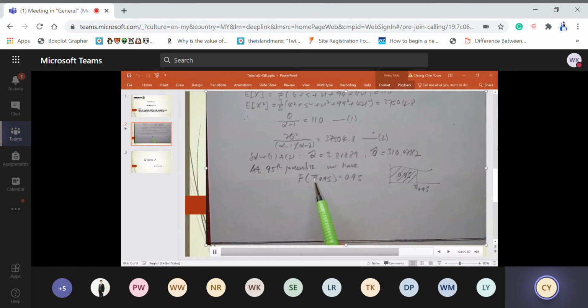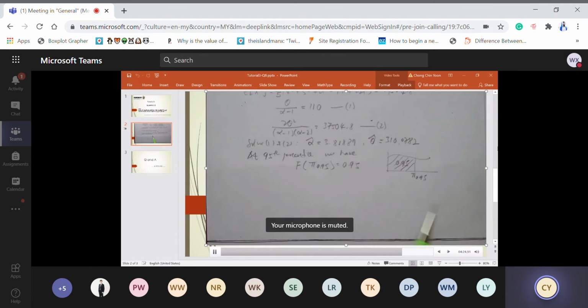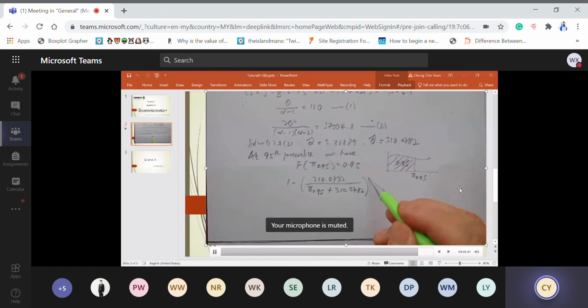Based on the Pareto distribution, this is equal to 1 minus 310.0782 divided by this x value, that is the 95th percentile, plus 310.0782, all to the power of 3.81889, which equals 0.95.